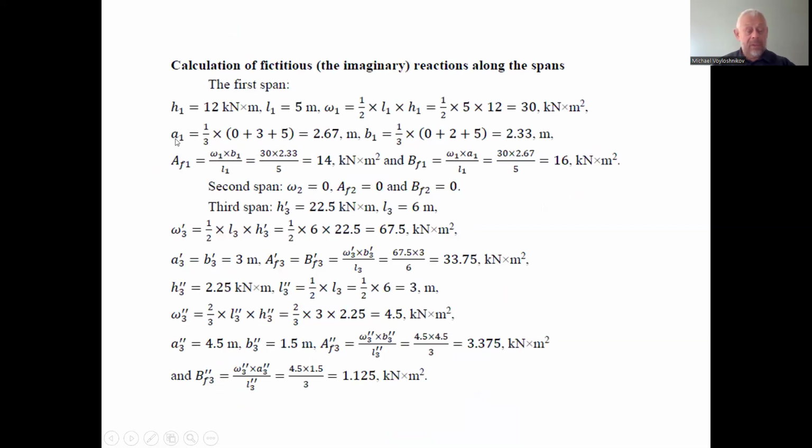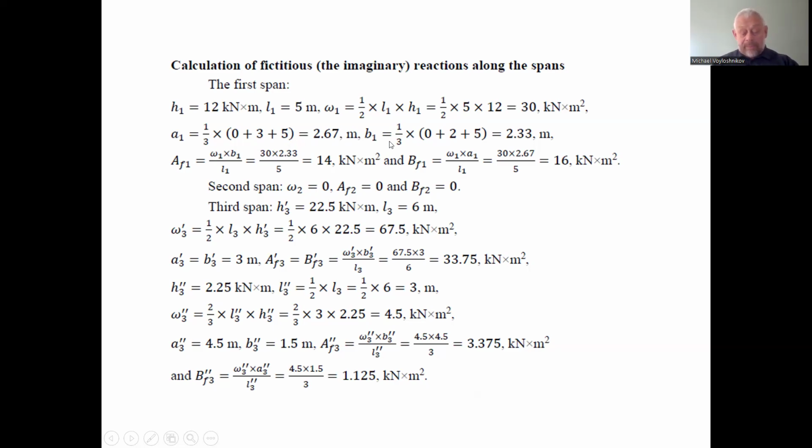And we have that the distance from the left point of the triangle-shaped bending moment diagram is 2.67 meters, if the total length of the first span is 5 meters.